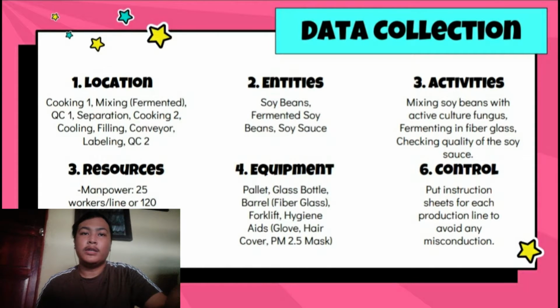The next data collection is resources. Resources are the important things used to process the entities through the activities in the system. ZARA Foodstuff Industries hires around 25 workers per production line, or 120 workers per day.